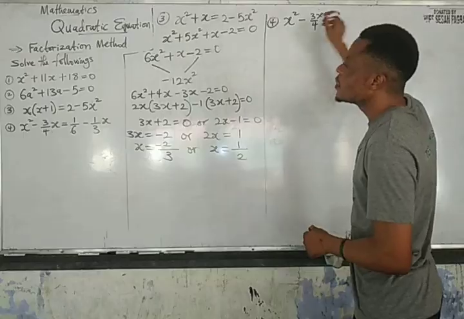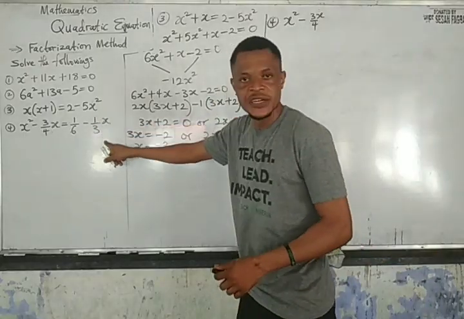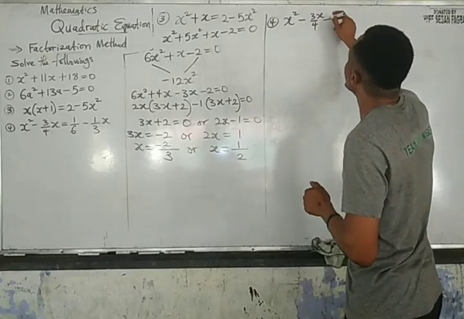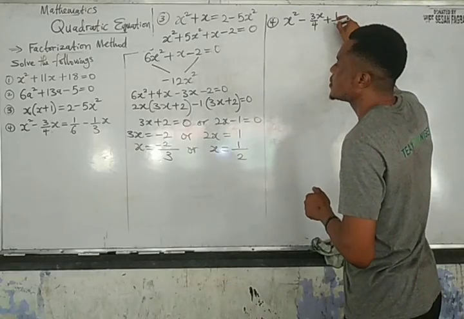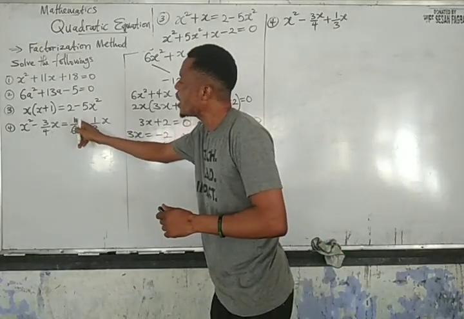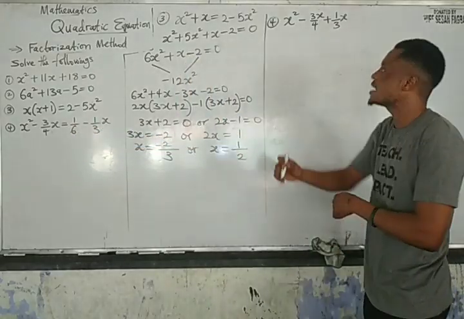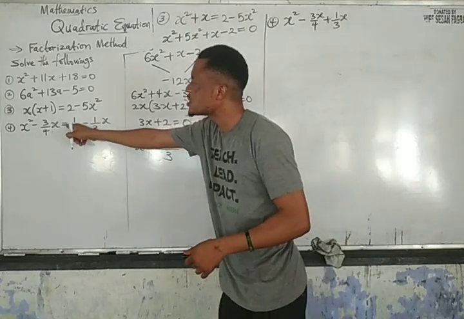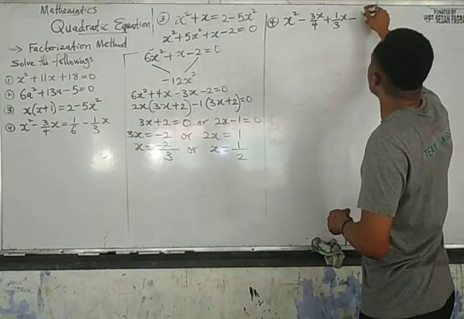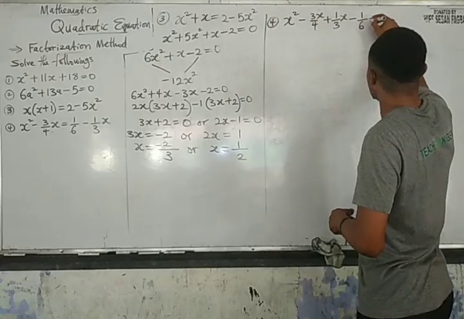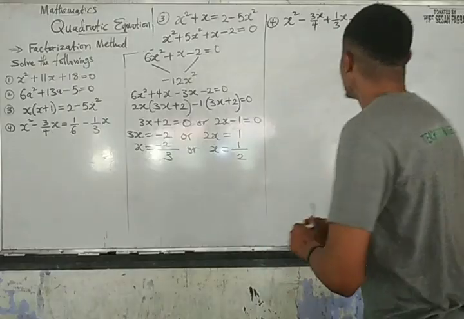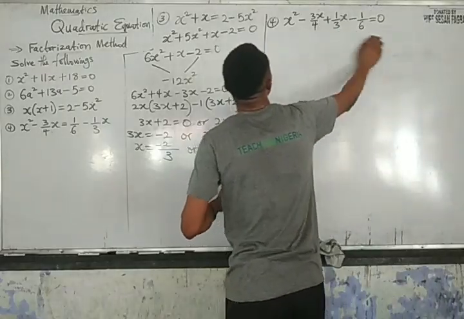We have minus 1 over 3 already. By the time it comes here, it becomes plus 1 over 3. We have plus 1 all over 3x. Then finally 1 all over 6. It goes to the other side. The sign will change from being positive to being negative. So we have minus 1 all over 6, all to result to 0. Now we embark on the journey properly. They are all fractions.